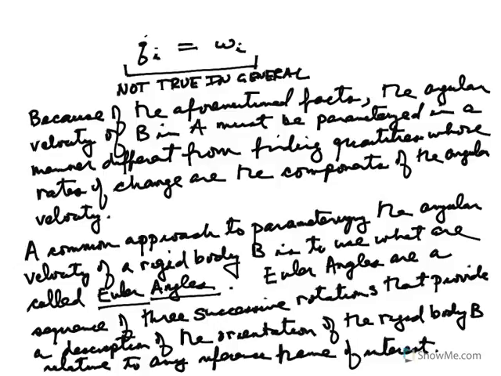Now, as I said, there are 12 different sequences of Euler angles. We're going to do one of them.